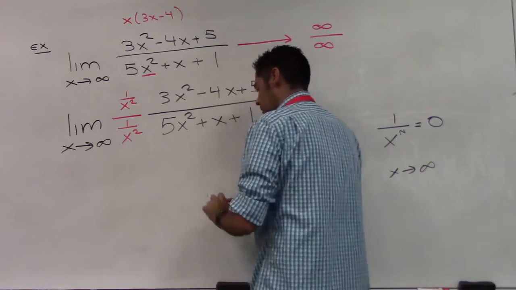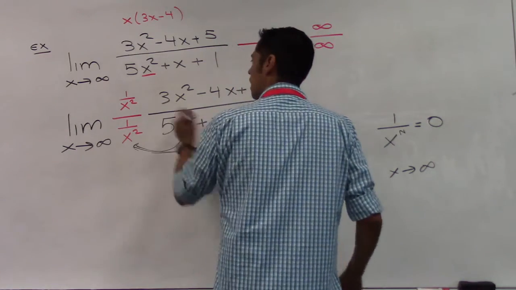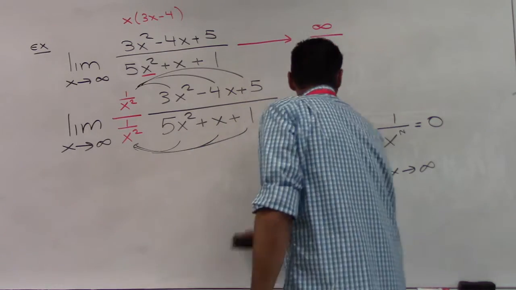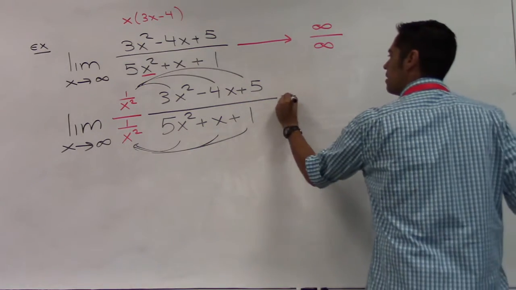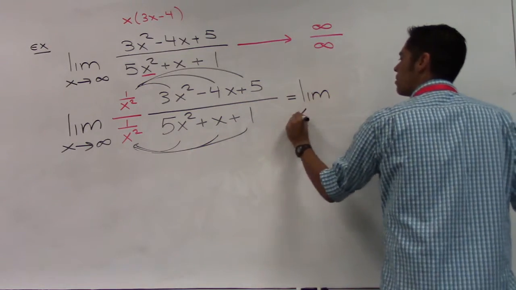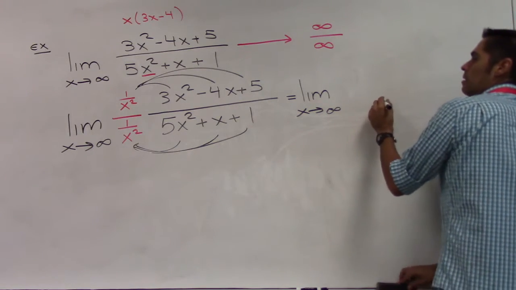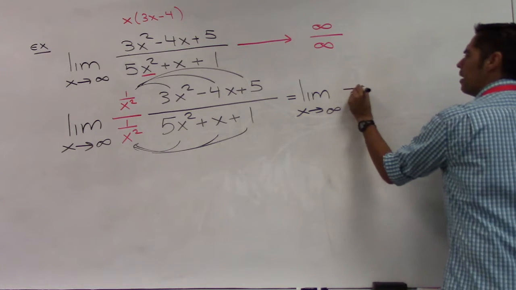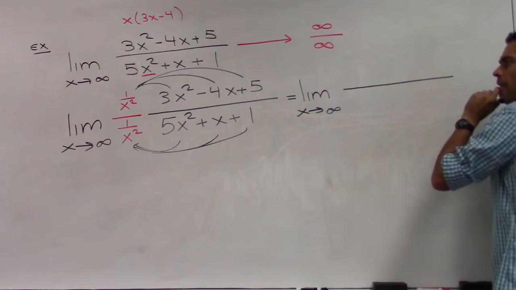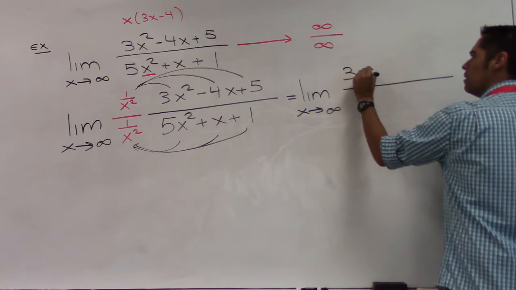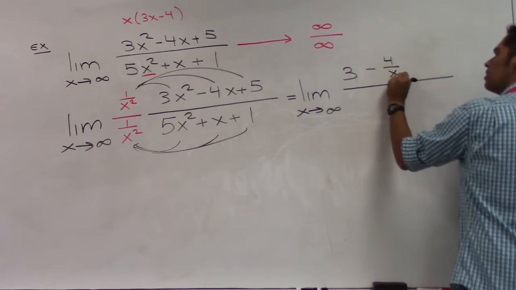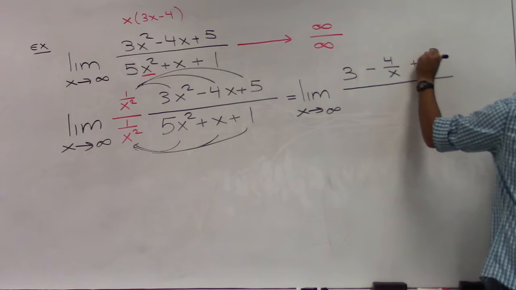Yeah? All right, go ahead and multiply through. And do the same thing on top. And you'll get limit x goes to infinity. You've got what on top there? 3 minus 4 over x plus 5 over x squared.